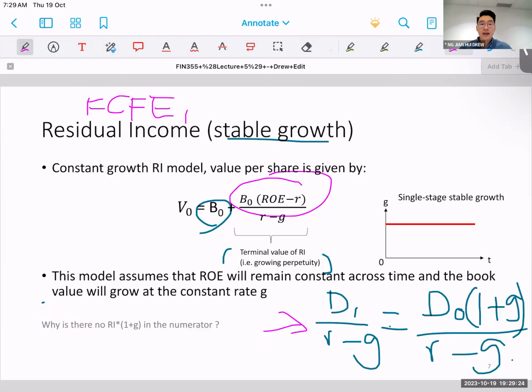Recall, how do we value a firm using the residual income model? What are the two things that we have to add together? Just now I did mention it.